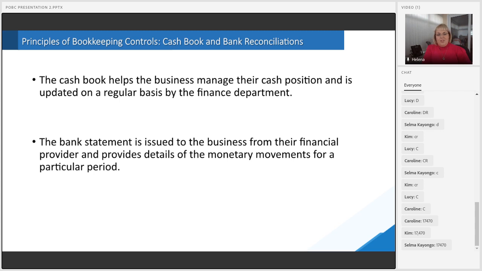The volume of transactions, guys, would be vast, and having a monthly bank statement wouldn't do the job. And therefore, most businesses are able to electronically download a file on a daily basis. And that just helps them keep on top of transactions and identify any problems should they present themselves.